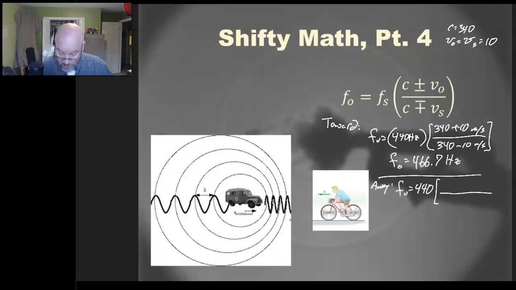If they're moving away from each other, the observer is moving away, we know the pitch needs to go down, so a smaller numerator. But if the source is also moving away, we need a larger denominator to get that ratio to go down. And that number turns out to be 414.